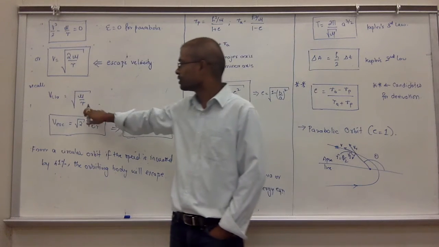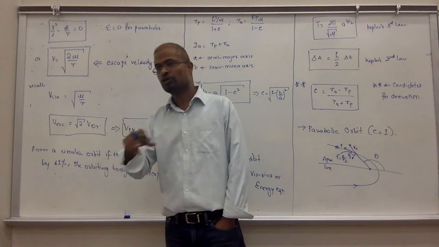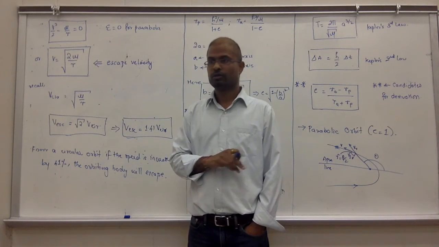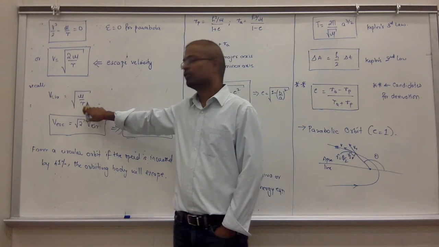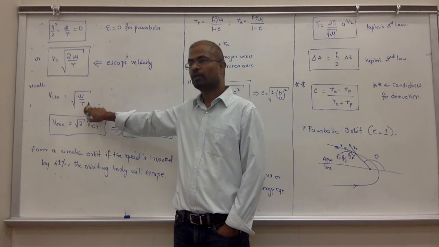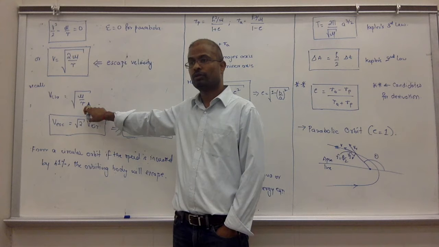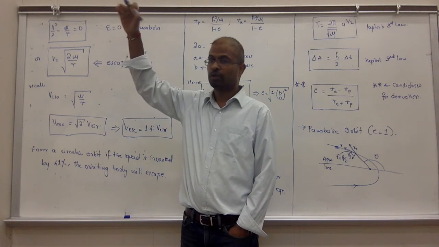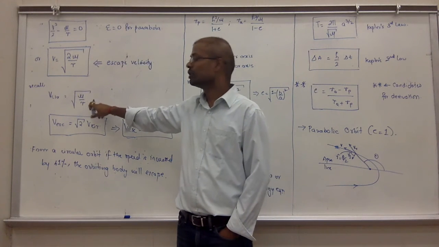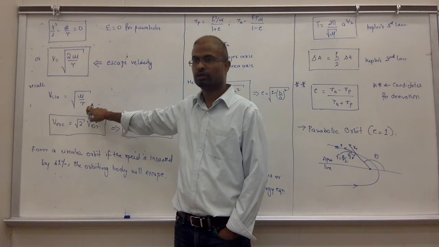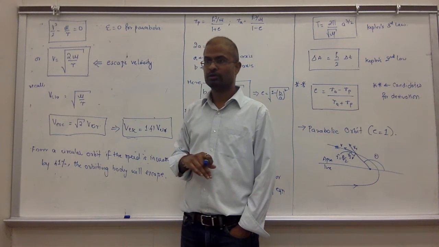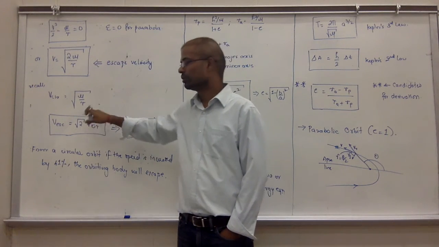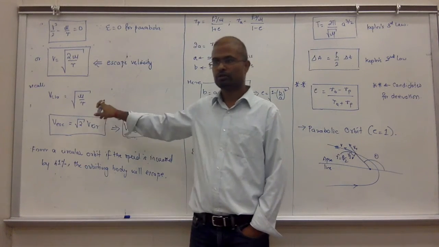It's only a function of this R. But this R depends on where you're launching from as well. If you're launching from up on a mountain, the R will be a little more compared to launching from sea level. So the velocity will vary a little bit.